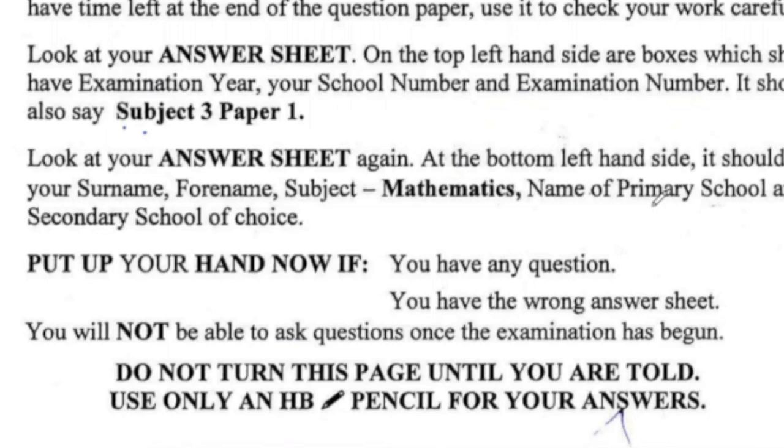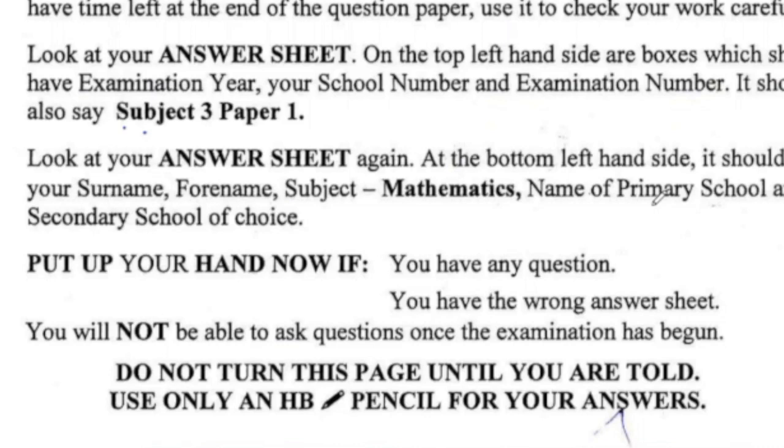Once you have seen that everything is okay or something is not okay, then put your hand up if you have any question, or you have the wrong answer sheet. The invigilators will be waiting for you after you check. There will also be invigilators expecting your hand if anything is not correct. Maybe you have a question, you haven't understood clearly what is being said, or maybe you're having a wrong answer sheet.